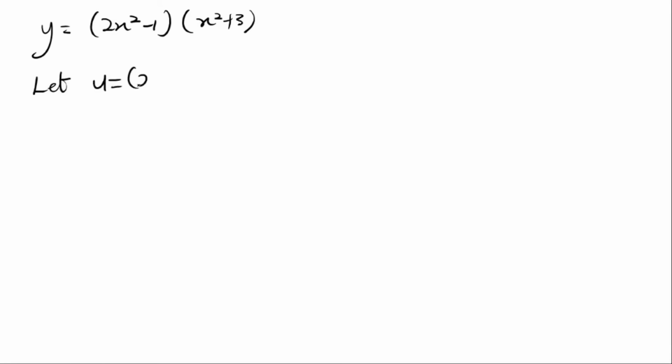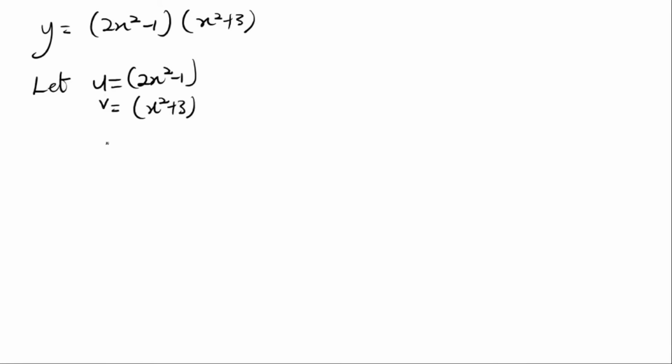So let's look at the second example. Y is equal to 2x squared minus 1, times x squared plus 3. Looking at this, we know we are to use the product rule. By the product rule, let the first function be u, that is 2x squared minus 1, then the second function be v, that is x squared plus 3.